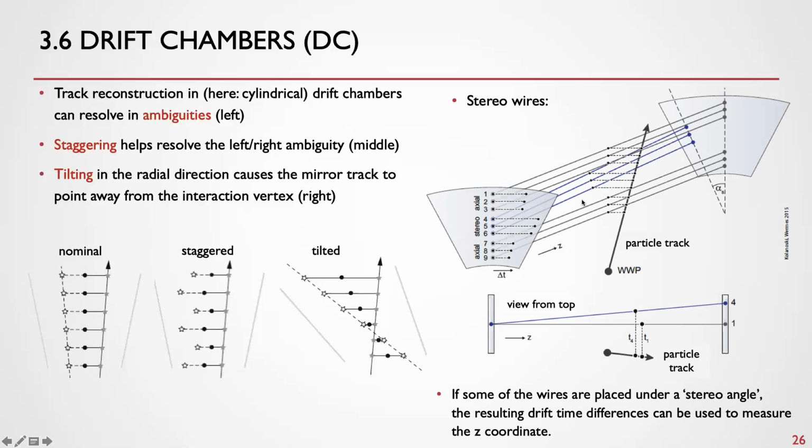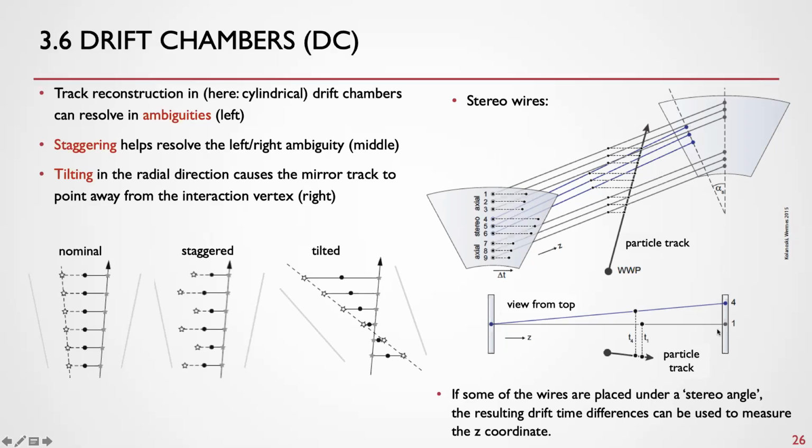Another trick to improve the position resolution is to use stereo wires. It's a little bit hard to see in the top sketch, but one can displace a few of the wires on one side of the detector and not displace them on the other side. If you view this from the top, you would have the majority of wires running through.